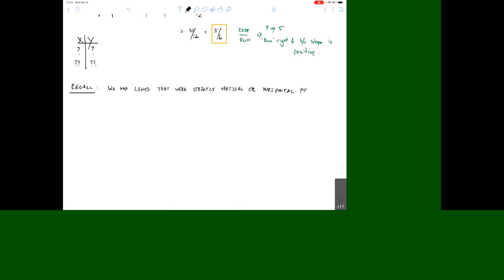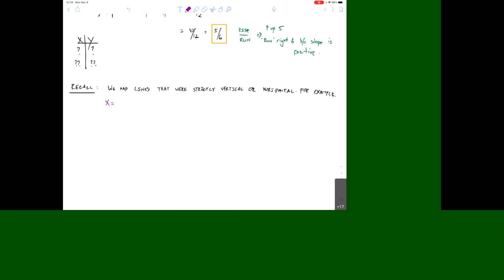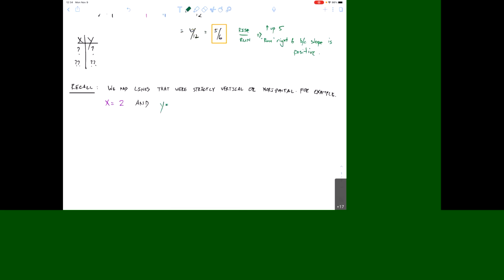For example, we'll say x equals 2. Let me do these in different colors so you can see them. X equals 2, and let's do green, y equals -3.